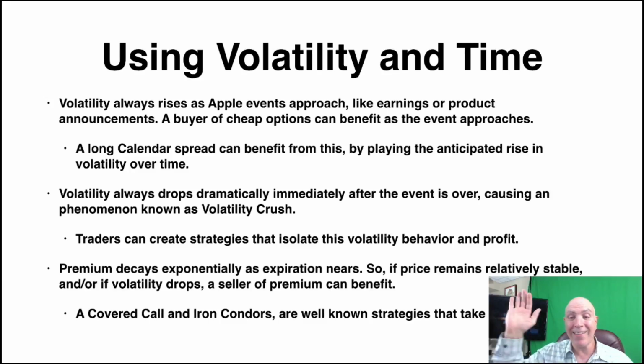And let's say that it does take off. There's a possibility that even if Apple's price goes up, if volatility drops sharply enough, that option contract may not make any money. I mean, that's just too much to handle for some people. They don't understand it. But it's all because of volatility being a principal component.